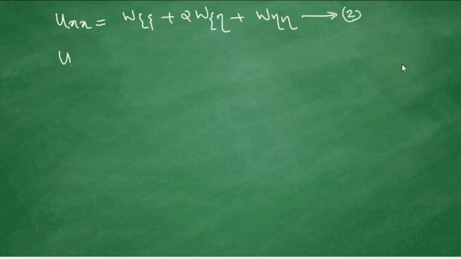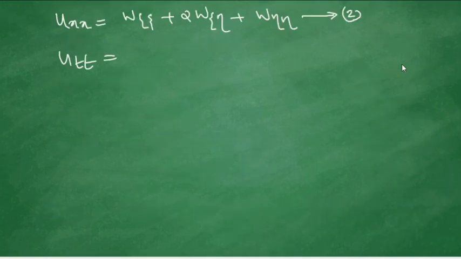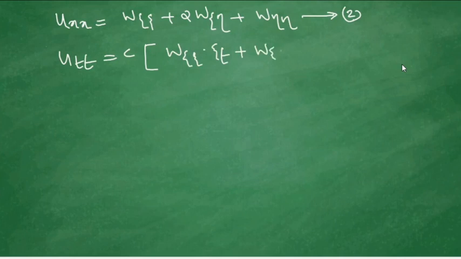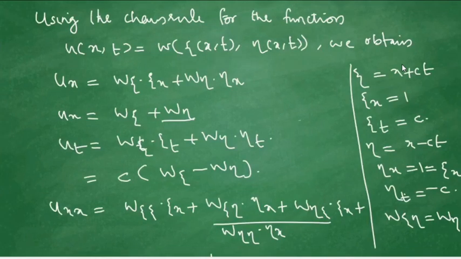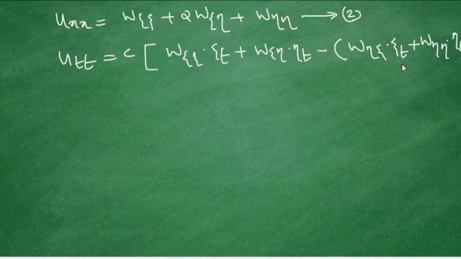Now we have to find utt. Ut is c into w theta minus w eta. So this is c into w theta theta into theta t plus w theta eta into eta t, minus the second term, which is w eta theta into theta t plus w eta eta into eta t, where theta t is c and eta t is minus c.